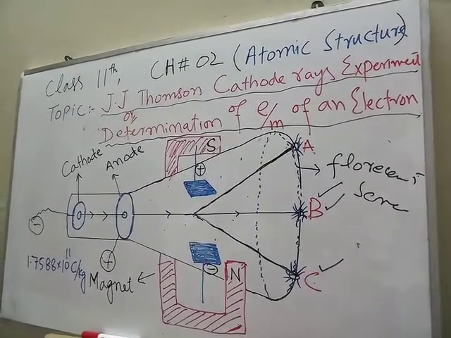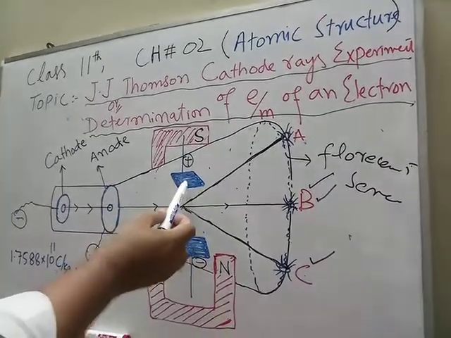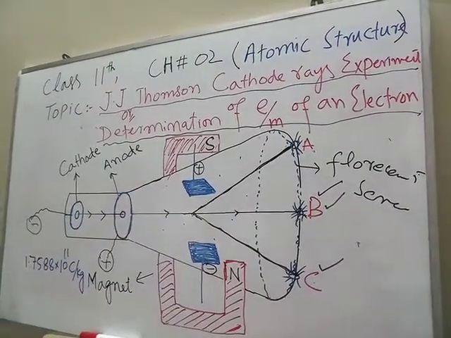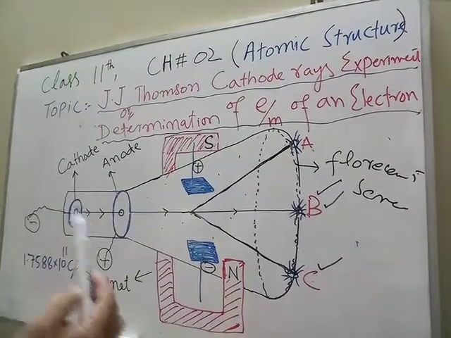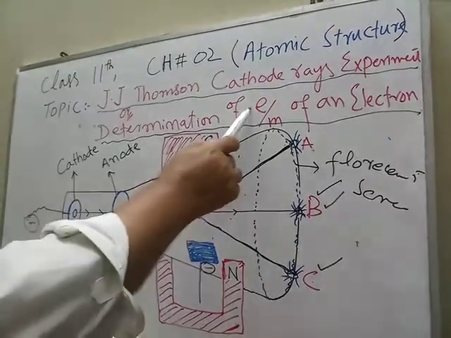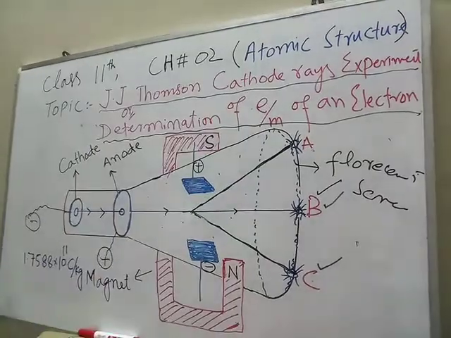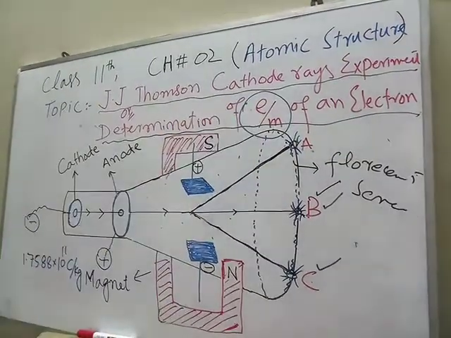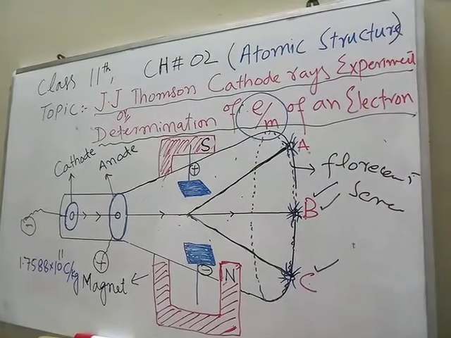Then by comparing the strength of both the electric field and the magnetic field, J.J Thomson determined the charge to mass ratio. e is the charge of the electron, m is the mass of the electron, e/m is called the charge to mass ratio.